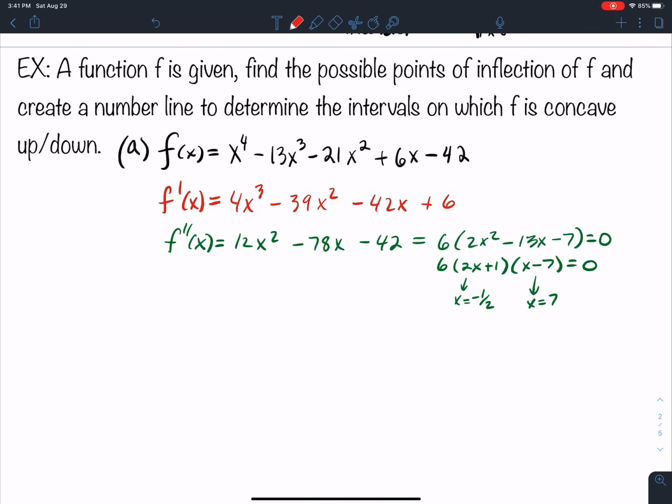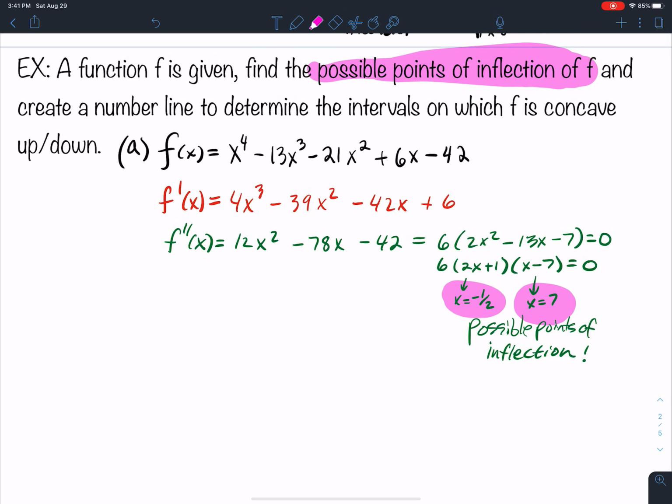And then same thing for the x minus 7 factor, set that equal to 0. Don't worry about the 6, because 6 can never equal 0, so that's actually a contradiction. All right, so the possible points of inflection, we don't know for sure they are, but they're possible ones. Those are the possible points of inflection.